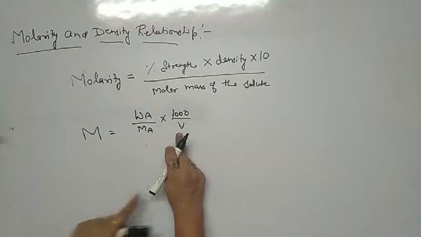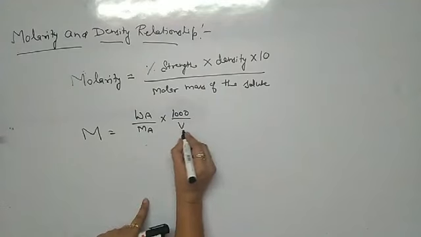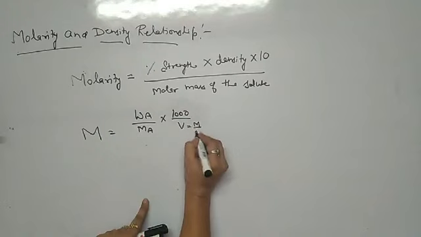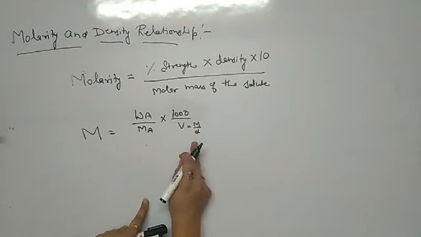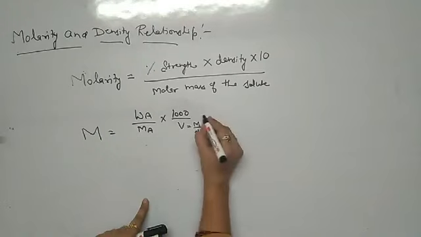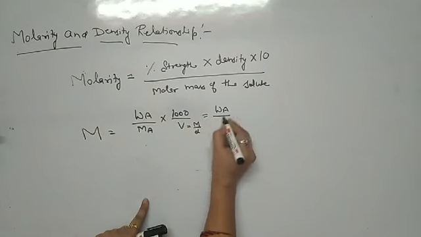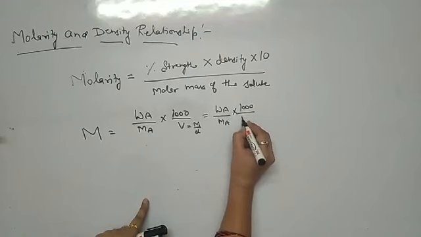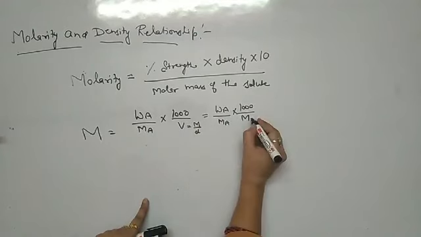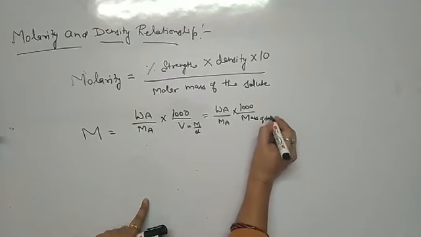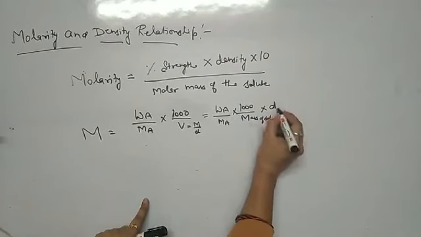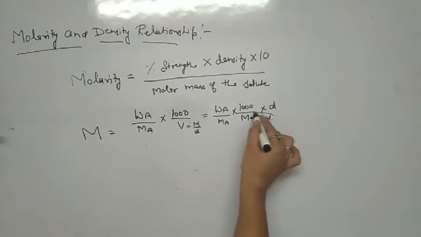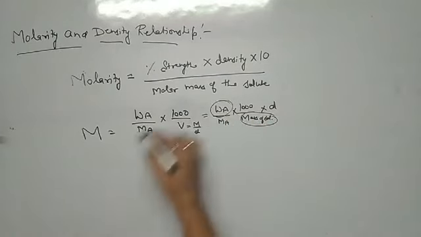Is it clear? If density is given, that time V is equal to mass upon density. So this may be equal to WA upon MA into 1000 upon the mass of the solution into density upward. Is it clear? So mass of the solution and mass of the solvent.